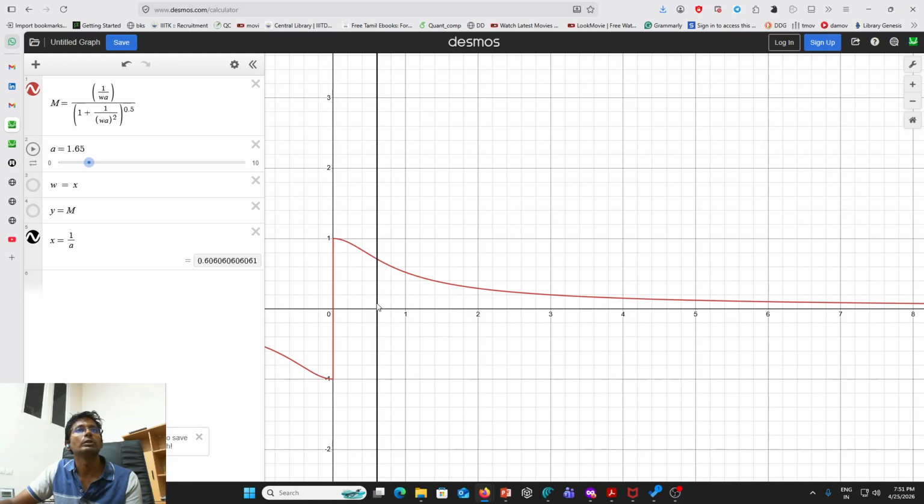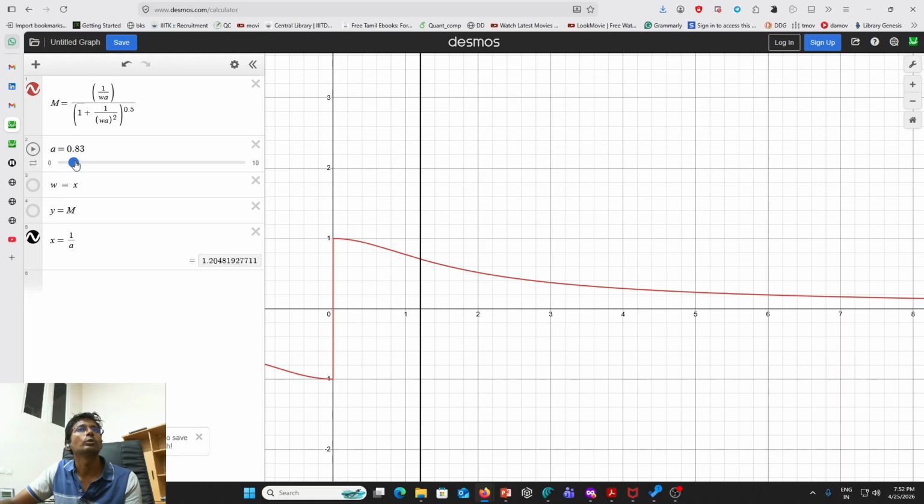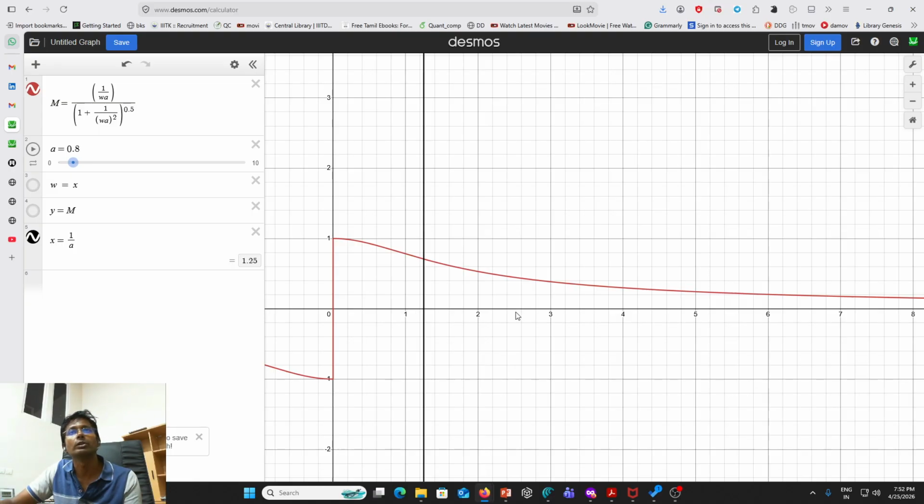This corresponds to the cutoff frequency. If we check the value here, the magnification factor is 0.707. Now if I reduce it, the cutoff frequency is moving in this direction.